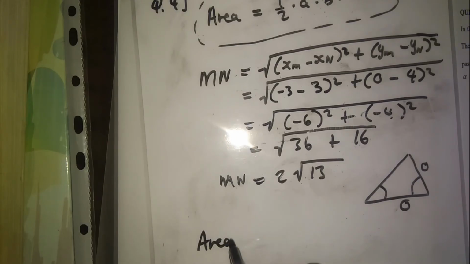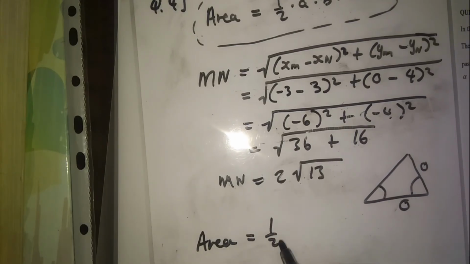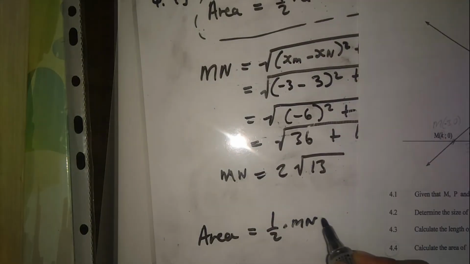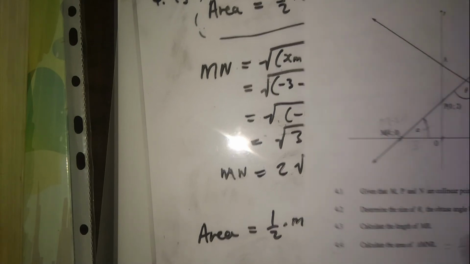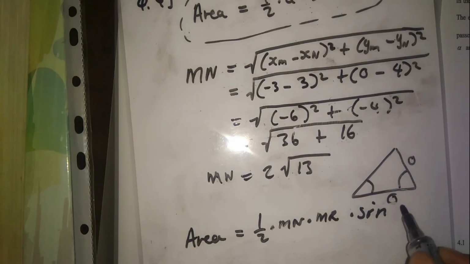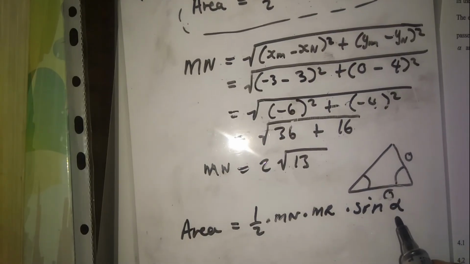So the area is equal to half times MN times MR times sine alpha.